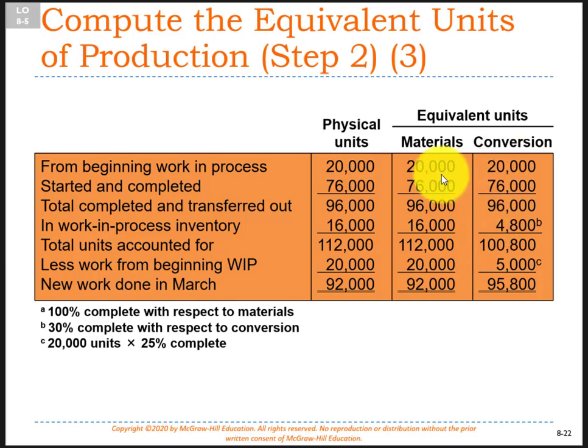Okay, so if you would change, this 20 minus this 20 is the same as just putting 0 here and stopping there. 20 minus the 5 is the same as putting 15 here and stopping there. You would get the same result. Okay? Either way, materials, the work that was actually done in March, 92,000 for materials, 95,800 for conversion.